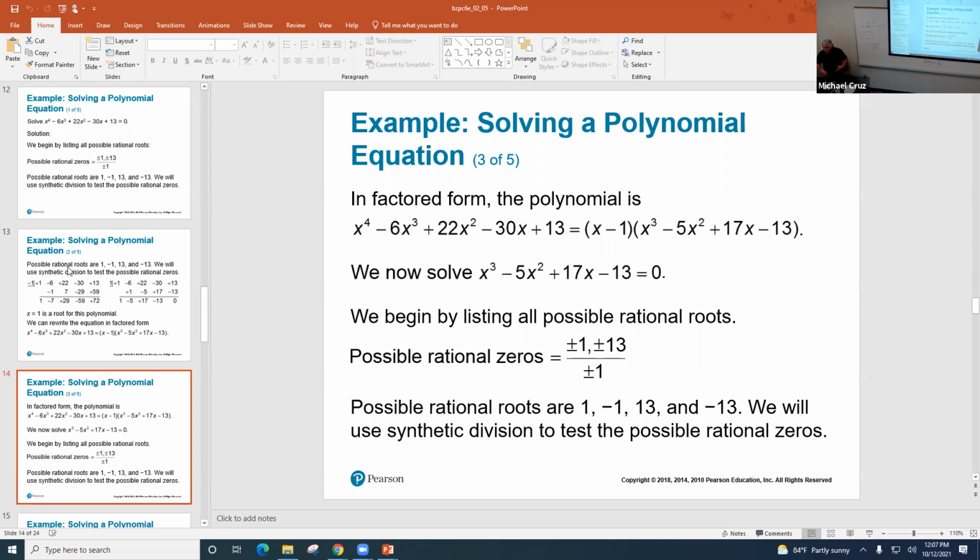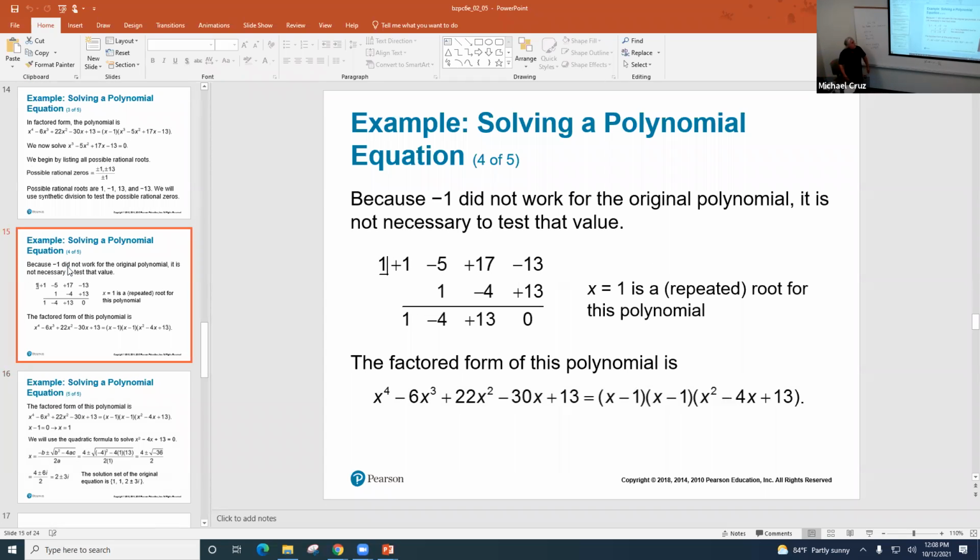So we still have the same possible roots, because the constant term happens to be 13 again. So we're still checking the same ones in this case. When you check them, this time we hit right on the head. It was another 1. So that means this one has 2 x minus 1s.